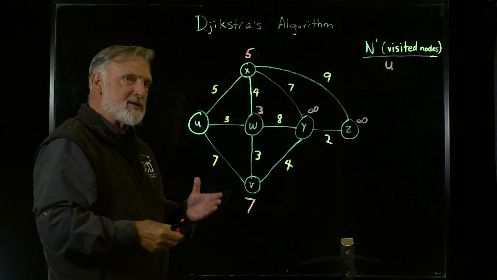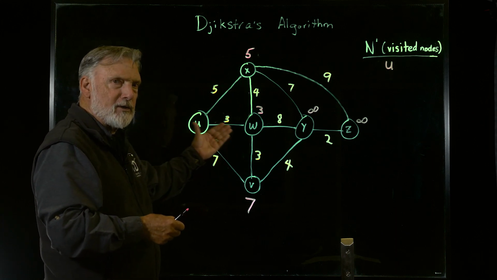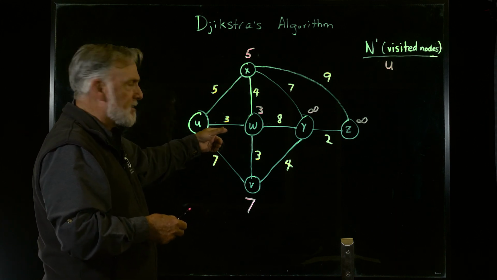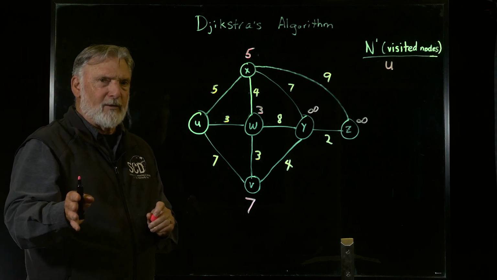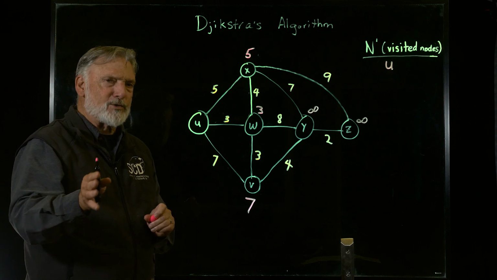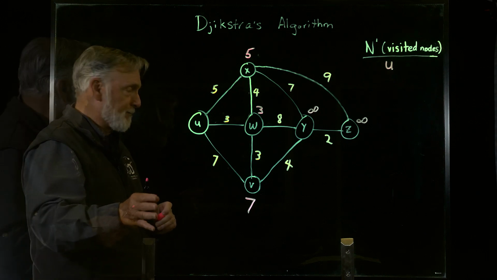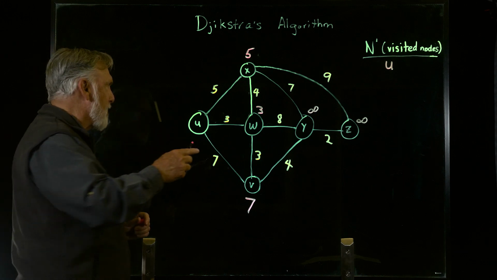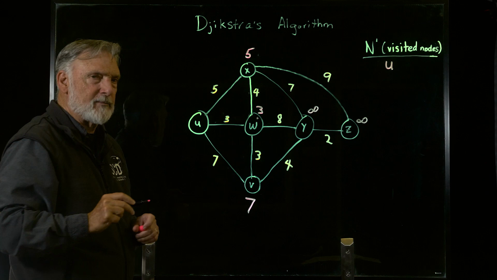Our next step is to take a look at the shortest or the closest node to U. And we notice that that is 3. So we're going to take an educated guess here. And we're going to say that probably the shortest path to most of the nodes is through node W. We're going to visit node W, and we're going to call this the current node.